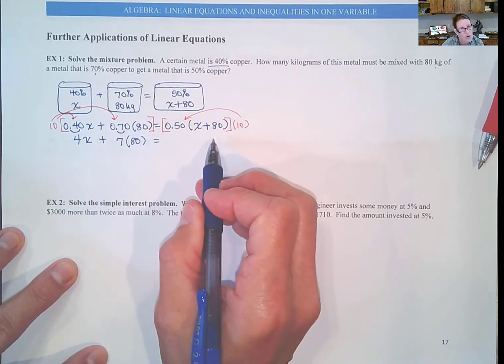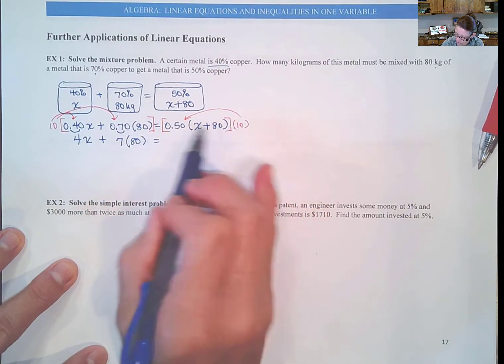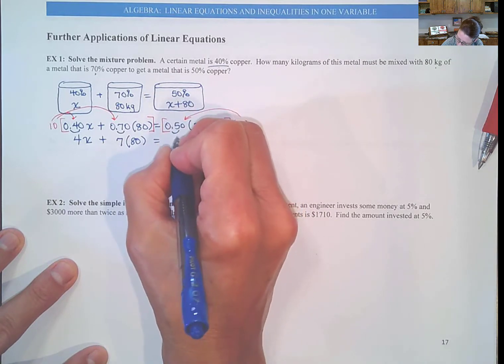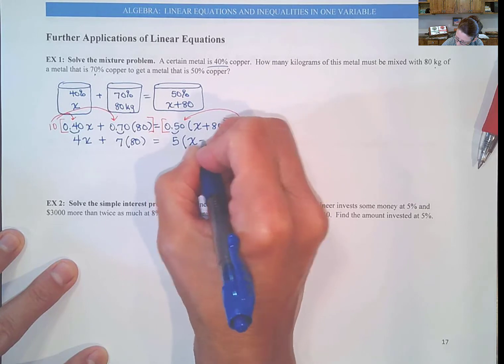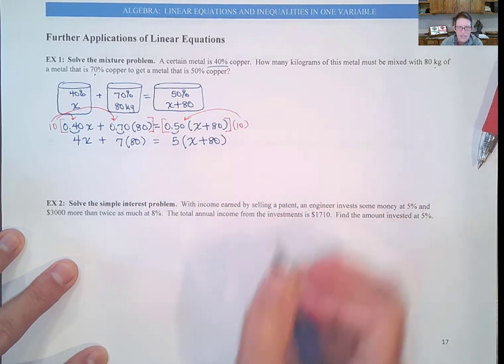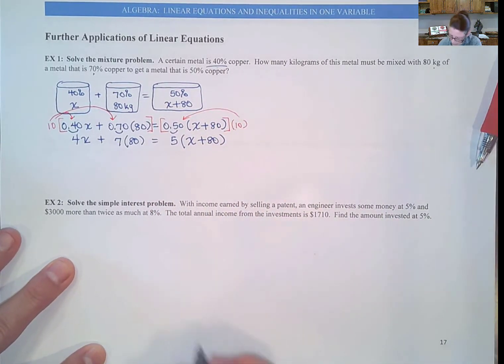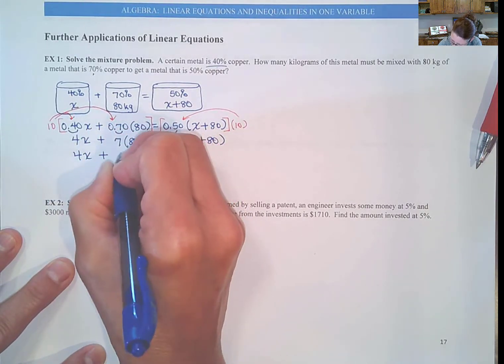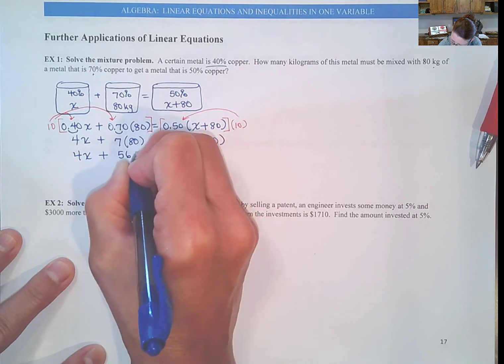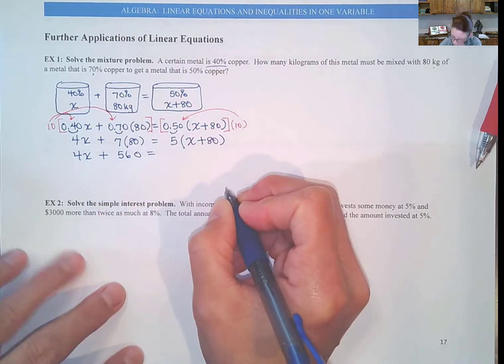Same over here on the right hand side. 10 times 0.5 is 5. Then we take that product times X plus 80. Now let's solve. We have 4x plus 7 times 8 is 56, so 7 times 80 must be 560.